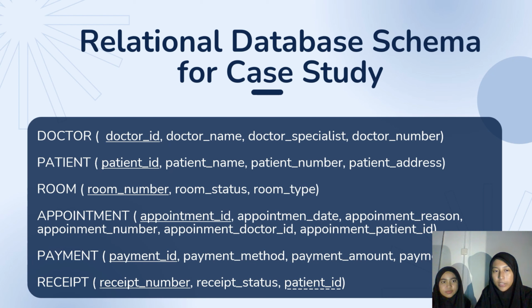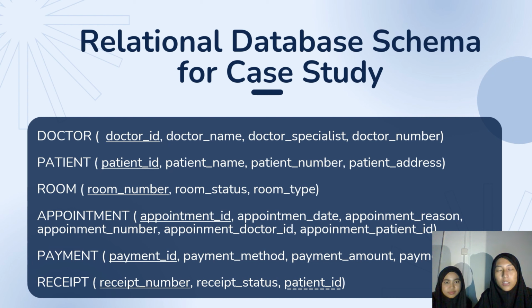The second table is the patient table, and we choose patient ID for our primary key, and the other attributes are patient name, patient number, and patient address. The third table is room, and room number is our primary key in the room table. The next attributes are room status and room type.